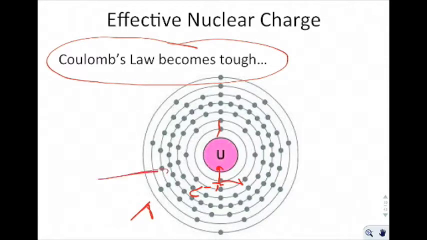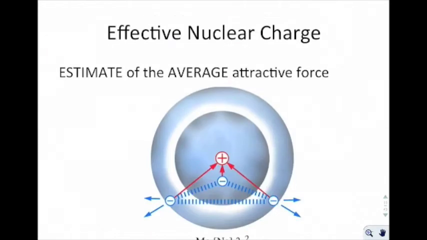There's no way that you could get a reasonable approximation for the force of an electron and a proton on each other for a 92 electron atom. You just couldn't do it. So instead what we do is we talk about something called the effective nuclear charge. The effective nuclear charge allows us to estimate the average attractive force.